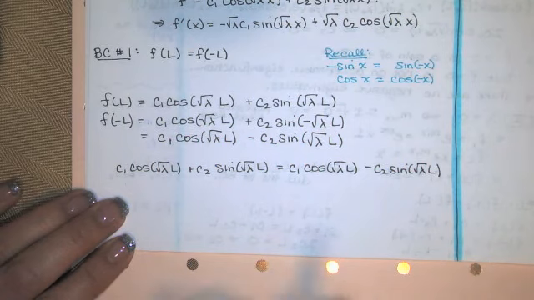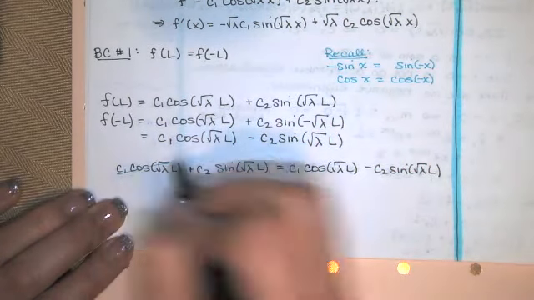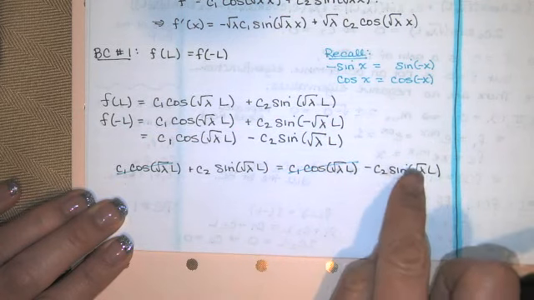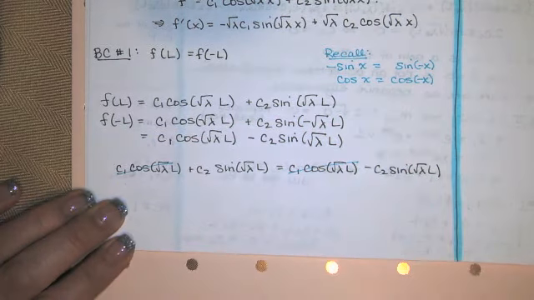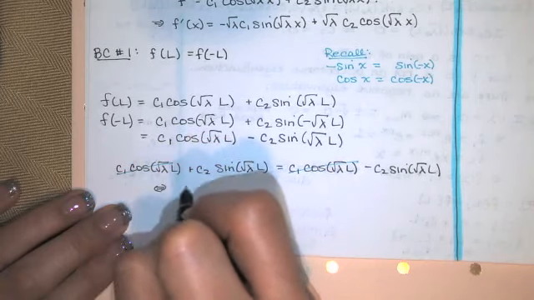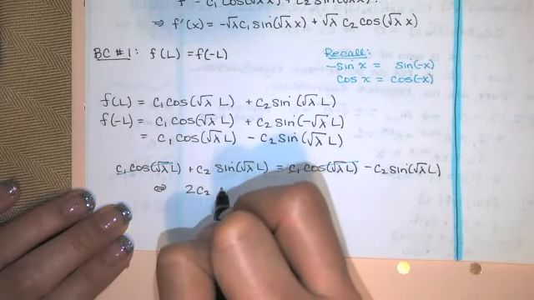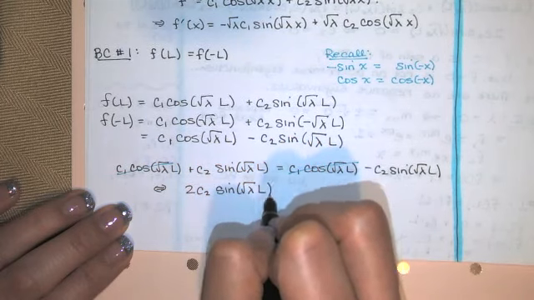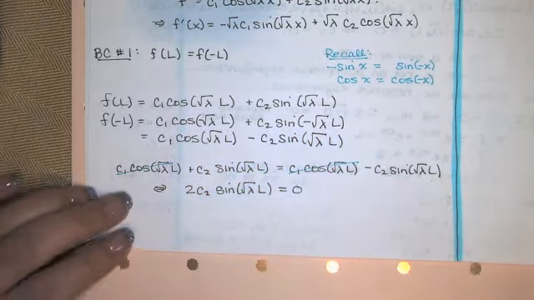Okay, so this term appears on both sides. If we subtract that from both sides, those are gone. If we add this term to both sides, I'm going to have two of these. So we have 2 C2 times sine of the square root of lambda times L equals 0.